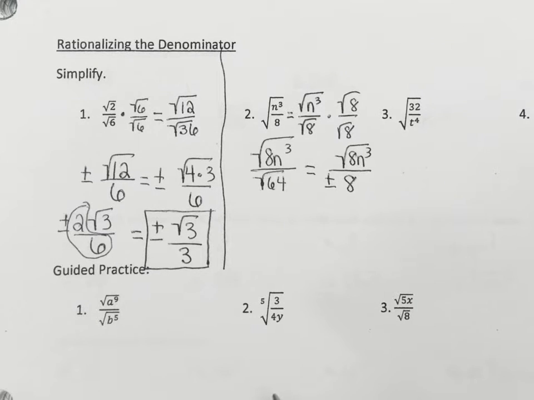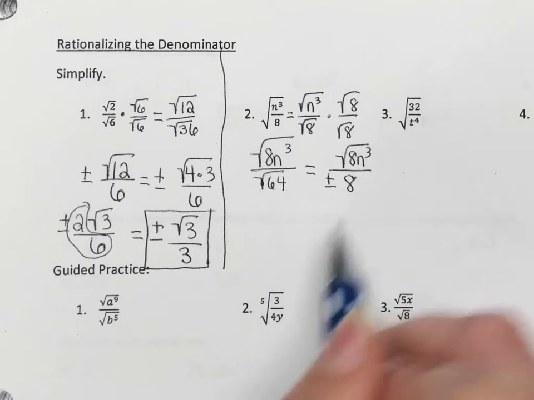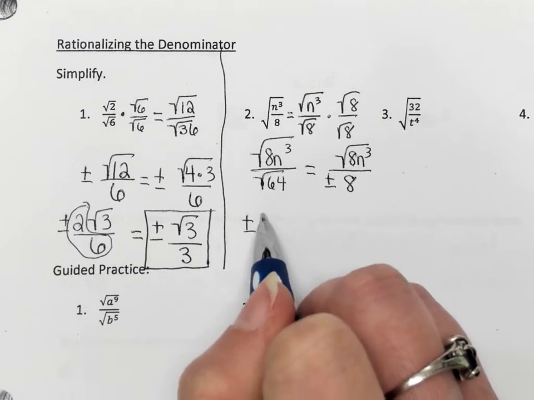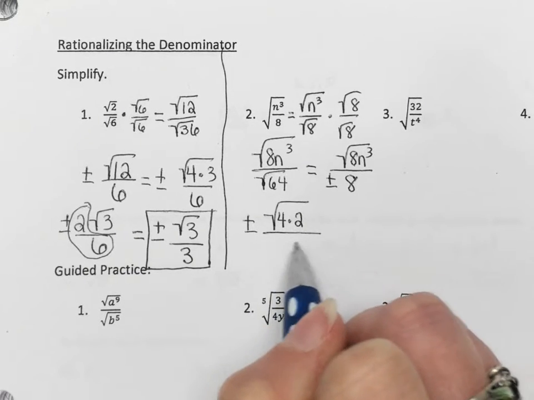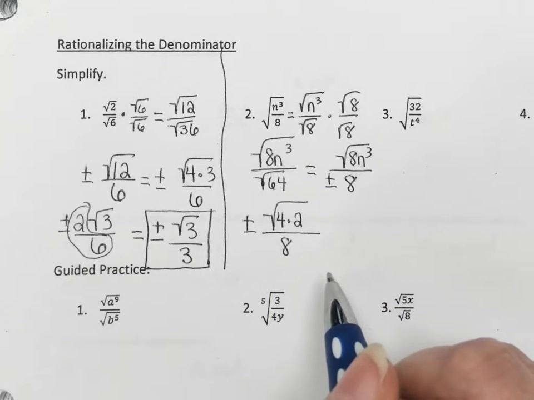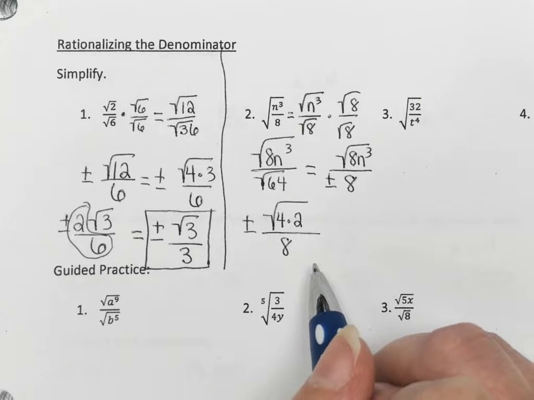All right, let's see. Did I fix anything? Can I do anything else? Yes. 4 times 2 is 8. Yep. So I can break down the 8 as 4 times 2. I see something else. What about the square root?